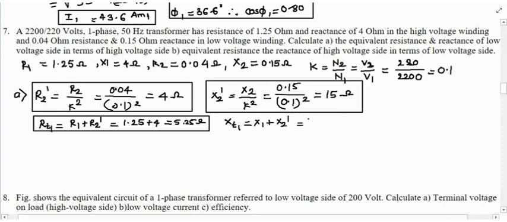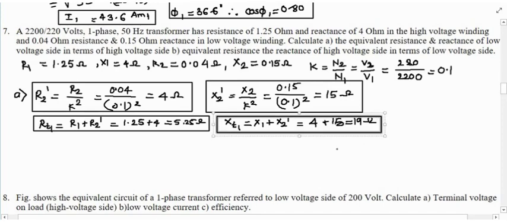What is X1 given to you? 4 plus 15, which equals 19 ohm. Similarly, we can find out the equivalent resistance and reactance of your transformer referred to the low voltage side. So come to the B part.